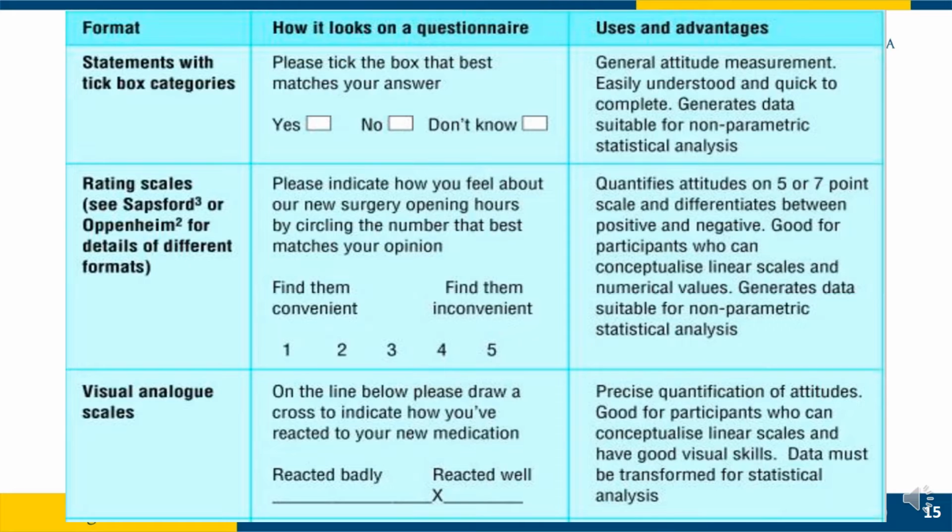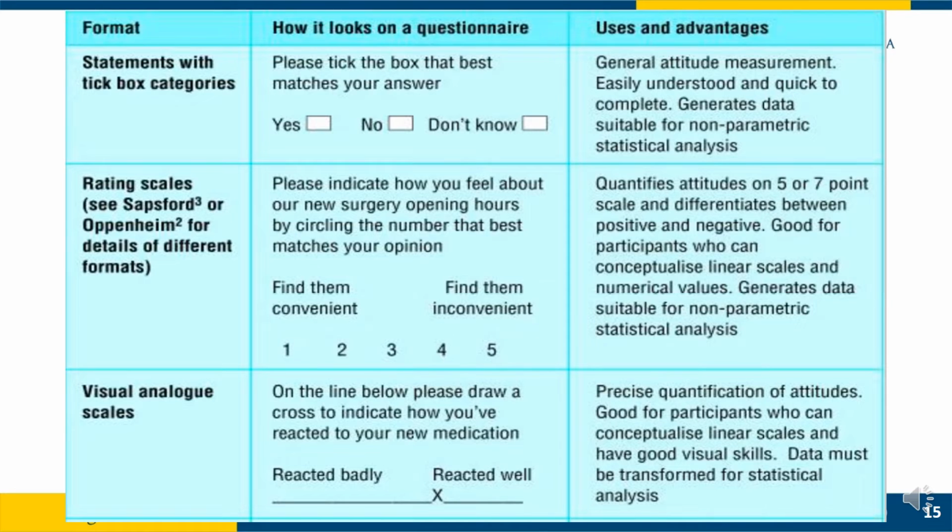Sometimes when we want people to just choose one from two answers, we do not include don't know, because sometimes people just don't know, so we just provide yes or no. It is easily understood and quick to complete. It also generates data suitable for non-parametric statistical analysis, because it is dichotomous.